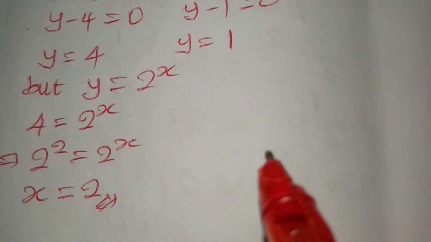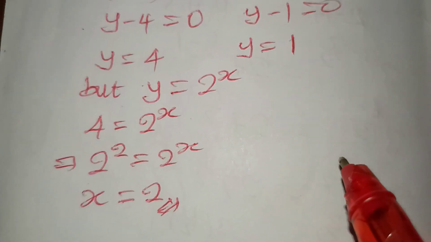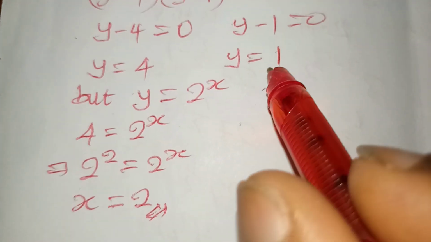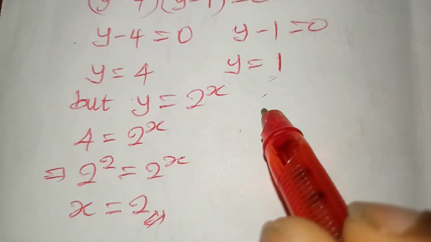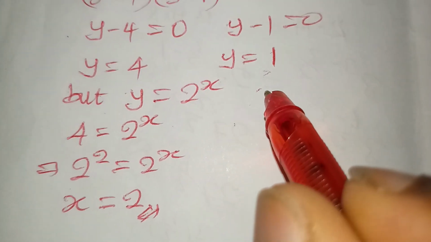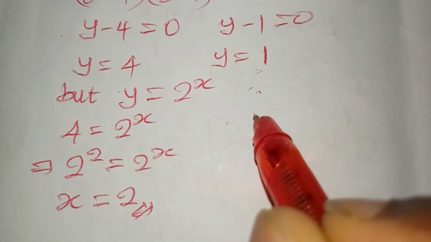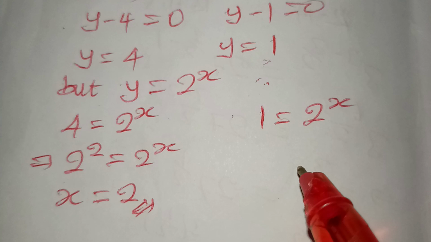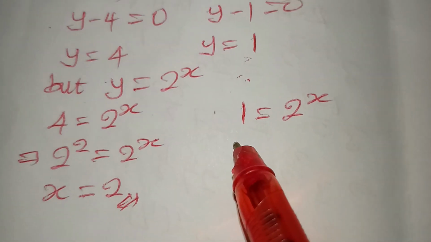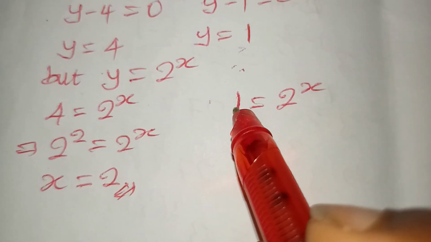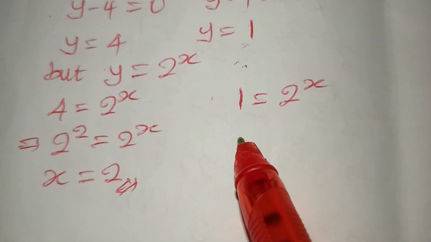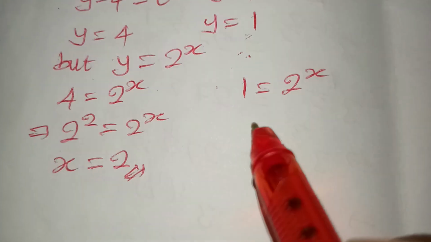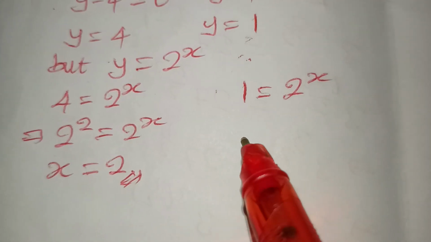Then we consider the second part where y is equal to 1. So we have 1 equal to 2 exponent x. We know 1 can also be written as 2 exponent 0, because any number exponent 0 is 1.